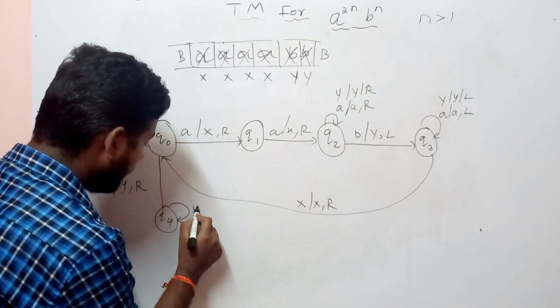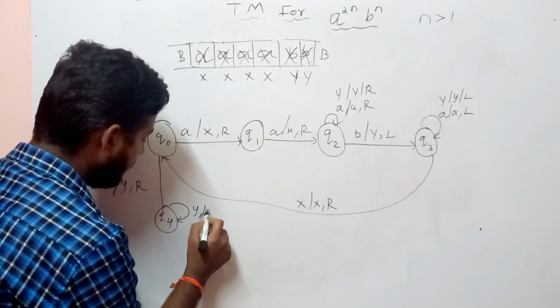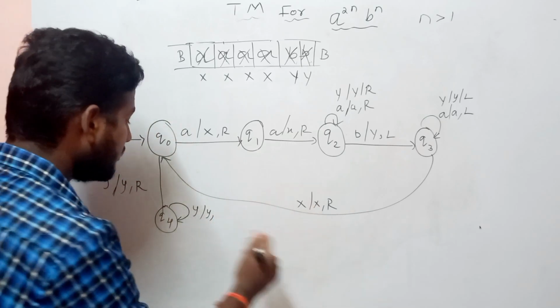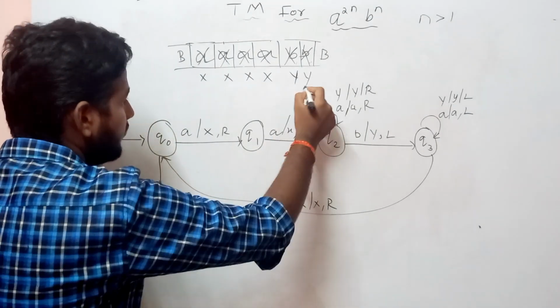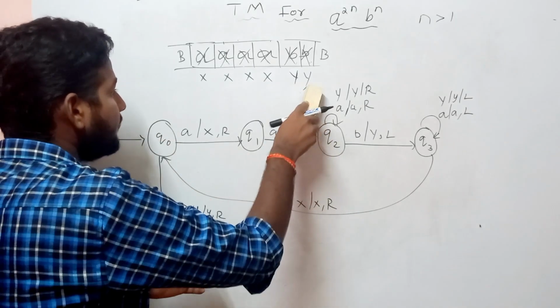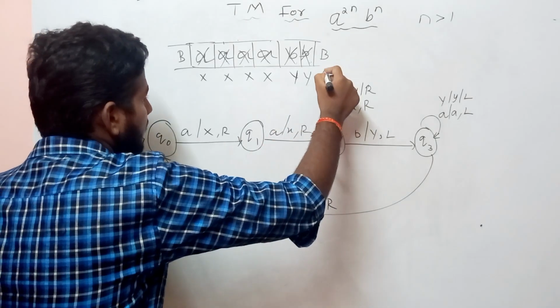For this, y is ignored, y remains y, and the direction is towards the right. The pointer is at this y, it is ignored, and the pointer moves here.